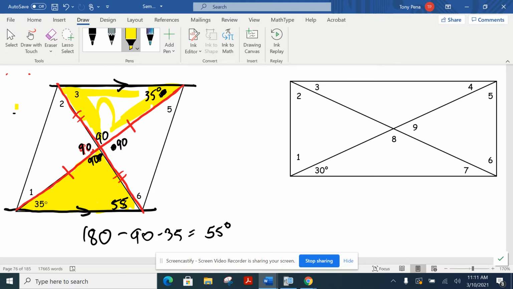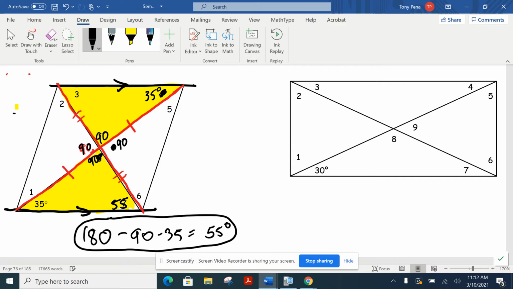Actually, there's a couple different routes we could take now to figure out angle 3. If we go with Dahlia's thinking here, then we also have a triangle up there, 90, 35, 180. Wouldn't that really just set up the exact same little mathematical work down there? 180 minus the 90 minus 35, that's got to be 55 as well.